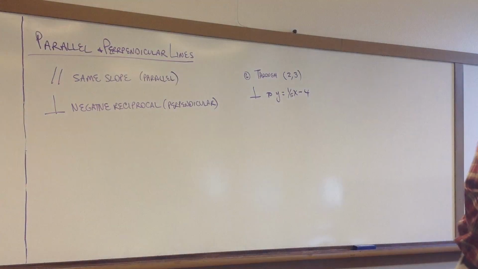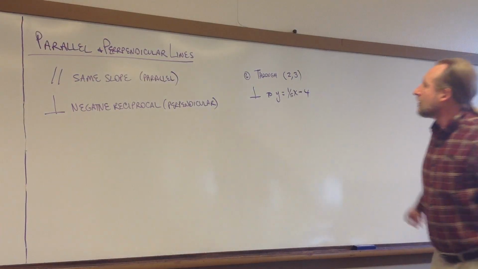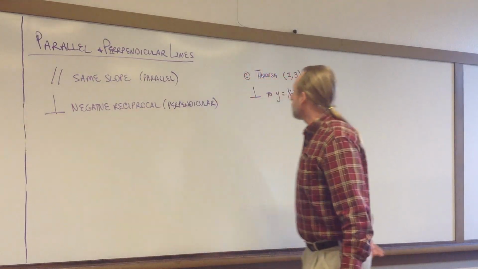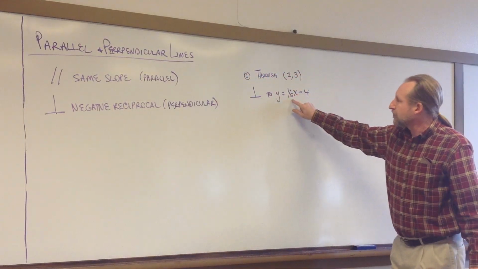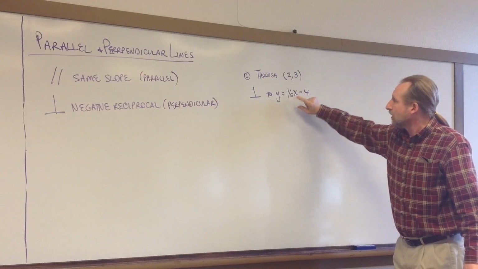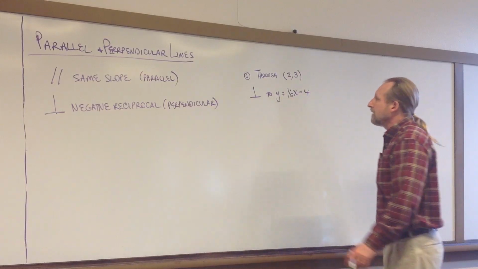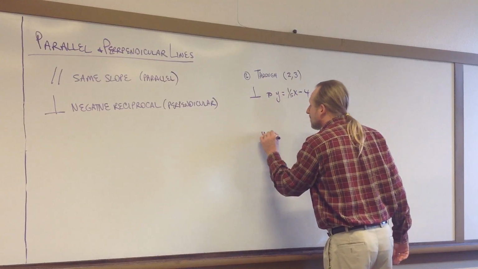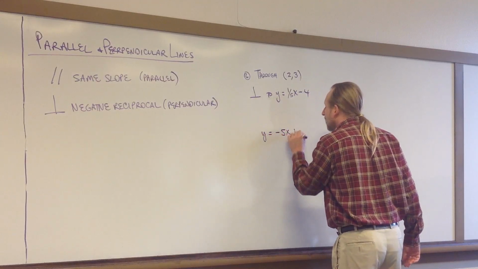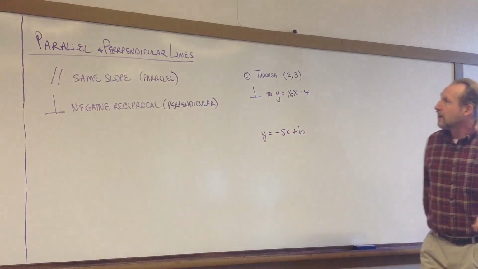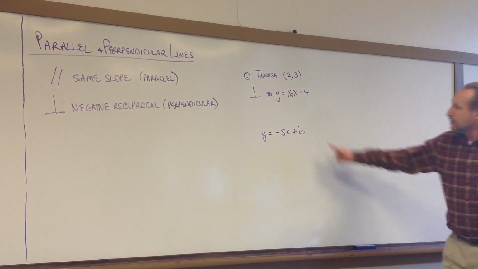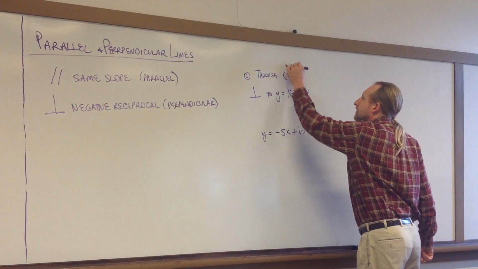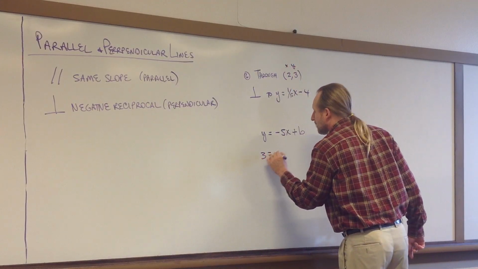With perpendicular lines, their slopes will be negative reciprocals. So if we want something perpendicular to this line, its slope will be negative 5/1. This is a positive 1/5, and so a line that's perpendicular to it will have a slope of negative 5/1. We don't know the y-intercept, so I just put b in there. Then we're going to substitute in for the x and the y.